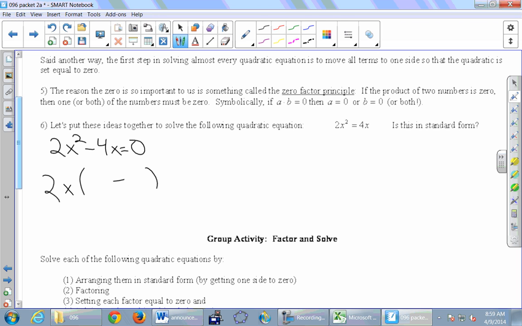I think it's just x, because if you do the 2x on the outside times the x on the inside, you get exactly 2x squared, which is right. And then I'm supposed to take 2x times the other blank and get 4x. So it must be a plain 2. And it's still equal to 0. Don't forget to keep writing. If it's an equation at the start, it's going to be an equation every step along the way.